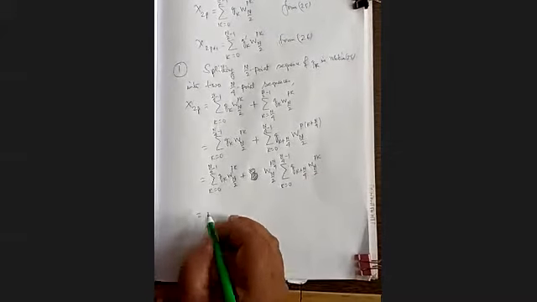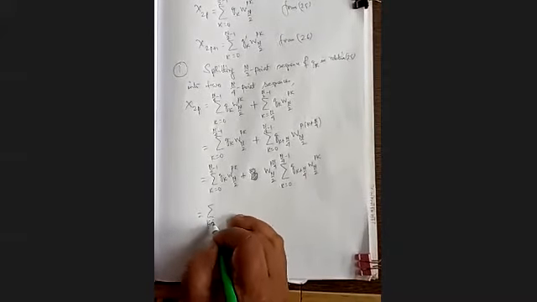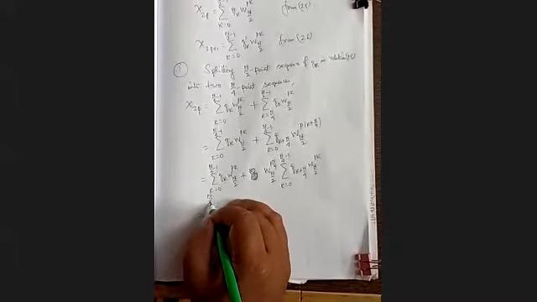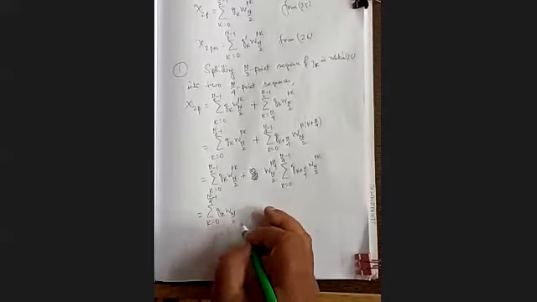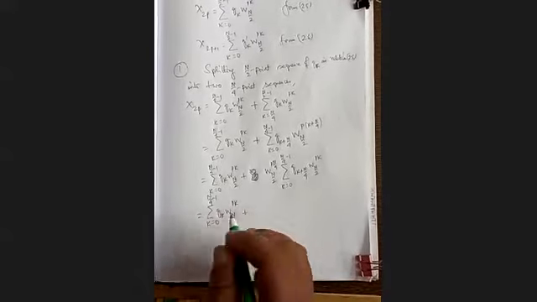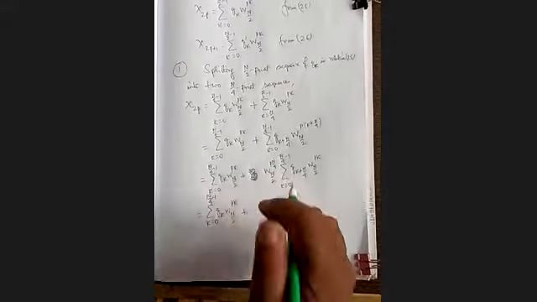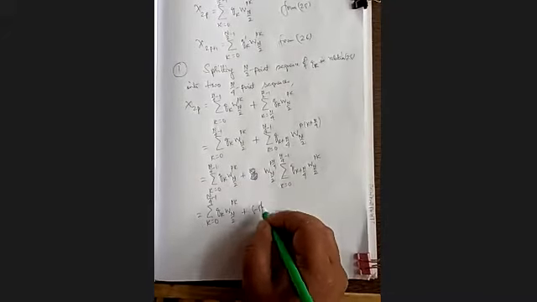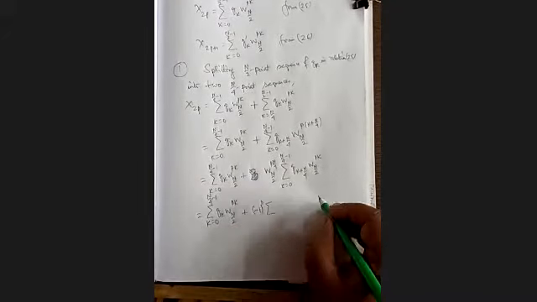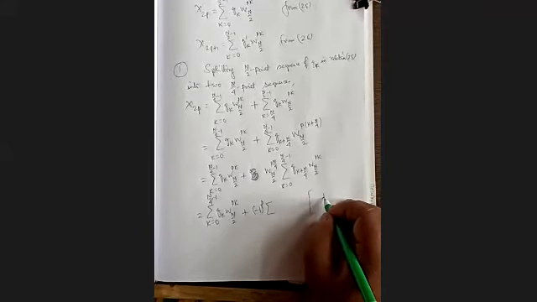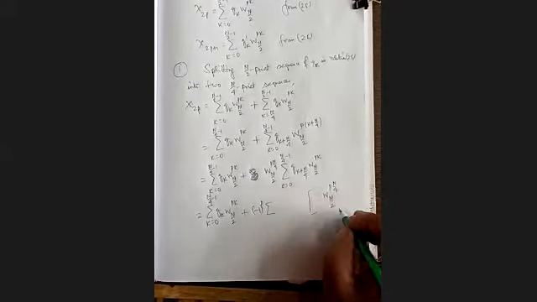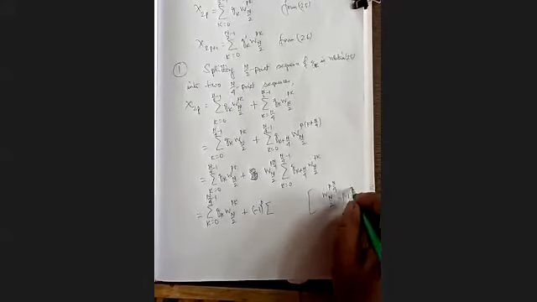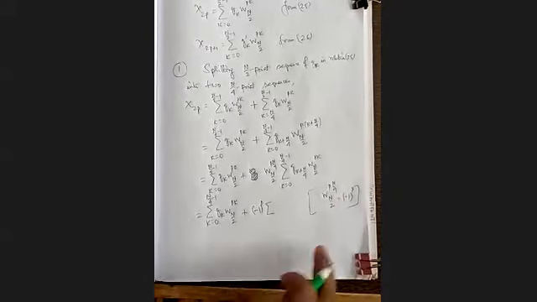So it is summation k equal to 0 to n by 4 minus 1 Gk Wn by 2 to the power pk plus. Now note that this is actually equal to minus 1 to the power p. I write it here since Wn by 2 to the power pn by 4 equals minus 1 to the power p. It is very easy to prove.